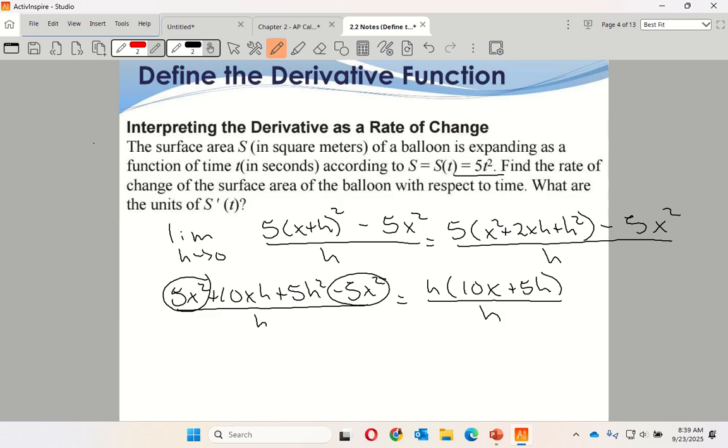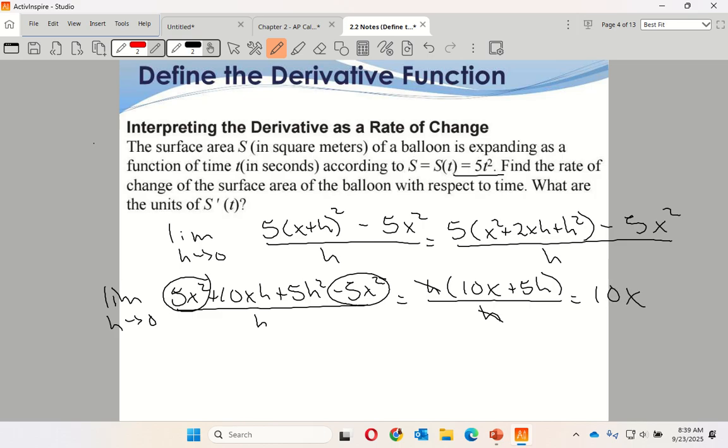What's going to happen to those happy little h's? They die. All right, so again, we are taking the limit as h approaches 0. I get 10x.